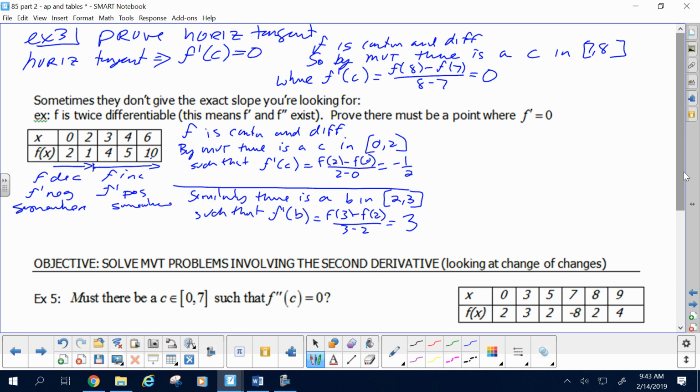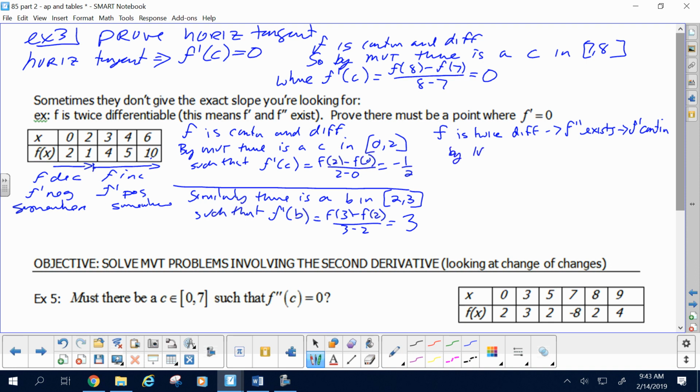Yeah, if it's twice differentiable, that means the second derivative exists, and the second derivative can't exist if f prime wasn't continuous. So you'd say something like, because f is twice differentiable, that means f double prime exists, which means f prime is continuous.